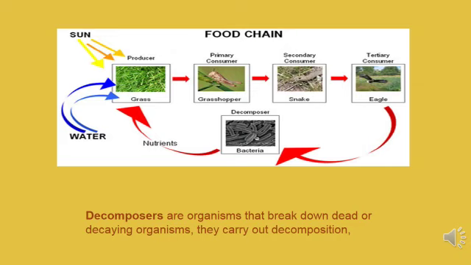and when any producer or consumer dies, then their dead and decayed matter is decomposed by bacteria or fungi, and this level of bacteria and fungi is known as decomposers.